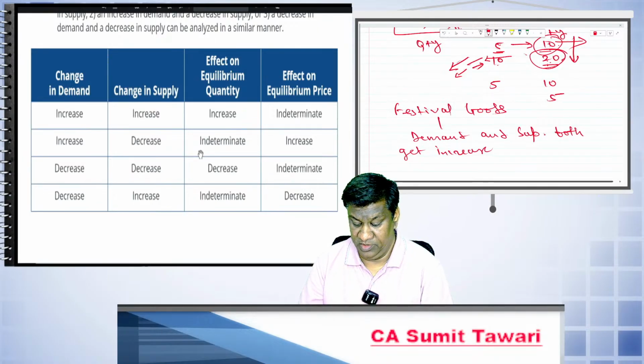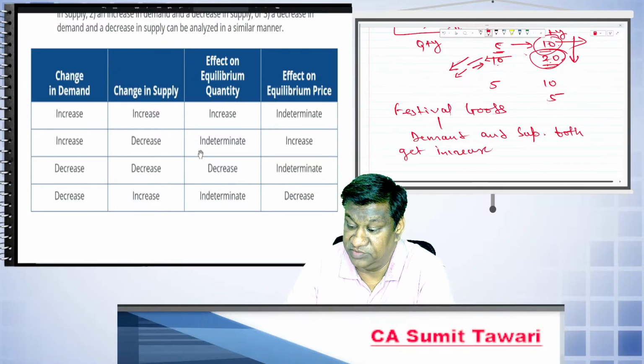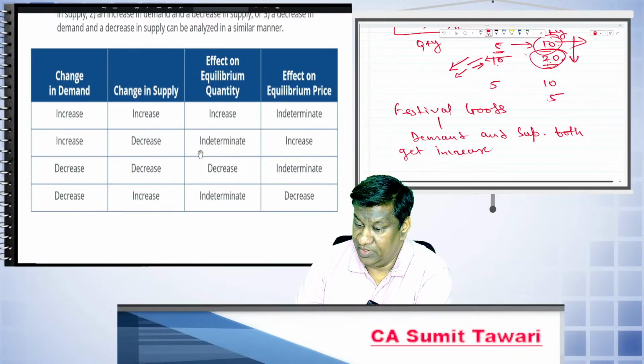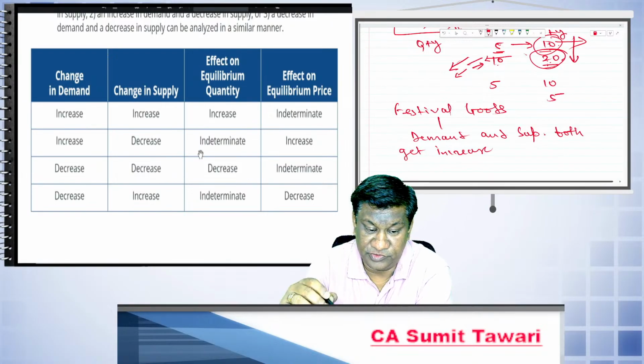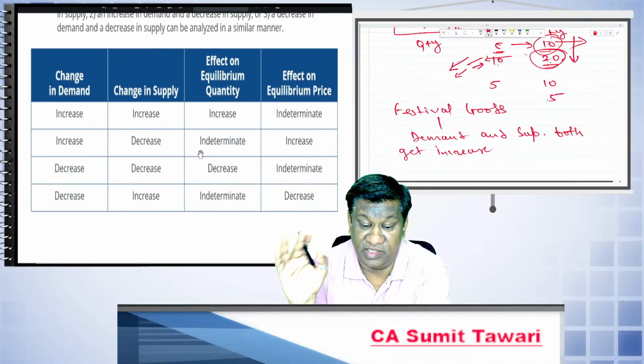No, because they cannot determine the price. No one can decide the price, neither customer nor supplier. Okay. So no one can create it. It is basically a situational issue. But what you need to see, if there is a continuous change in demand on the increasing side and continuous change in supply on the increasing side, then you can predict the equilibrium quantity, but you cannot predict the prices.